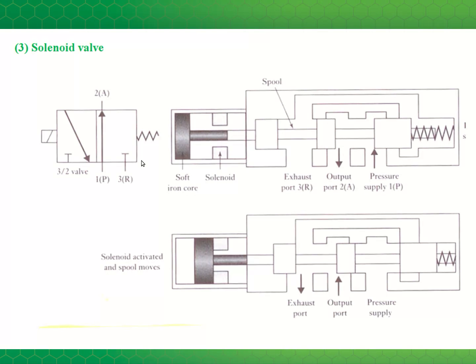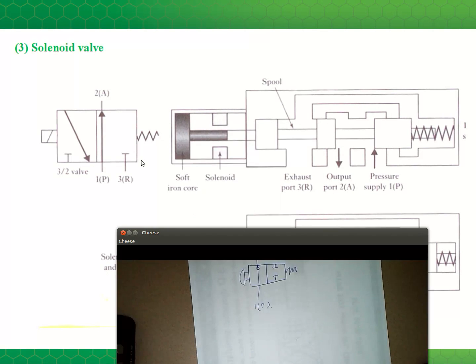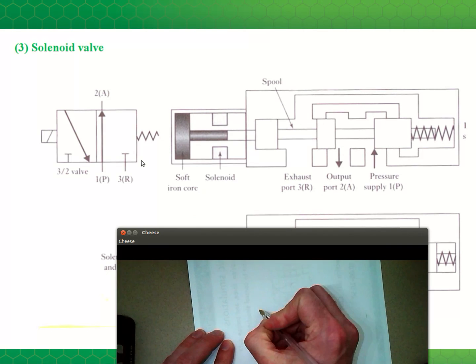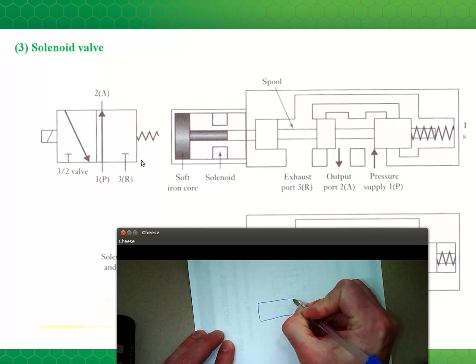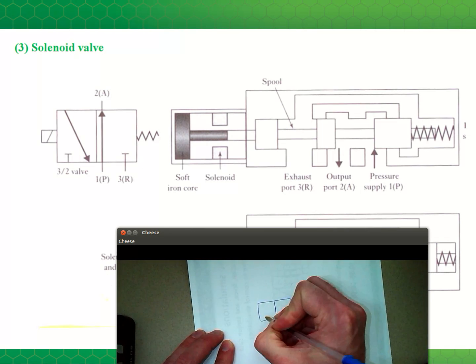And now, if the solenoid were energized, then the symbol would look like just the ports would be connected to the position on the left.